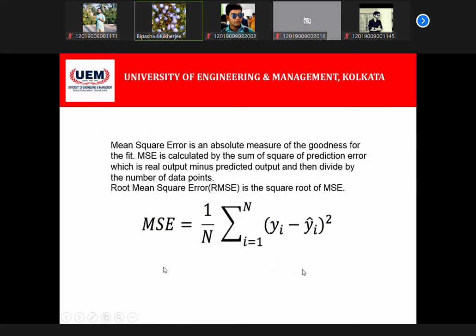Another one is mean square error. This is the most popular one that we use. Take the difference of the predicted value and the desired value, desired minus predicted or whatever you do, then square, then sum, then take an average. That's why it's called root mean square error or mean square error.